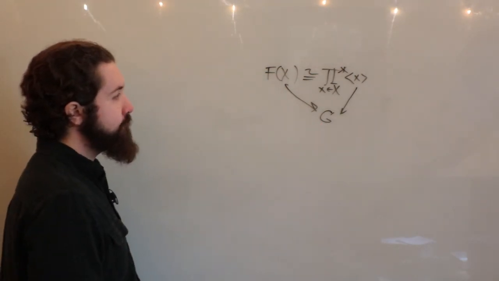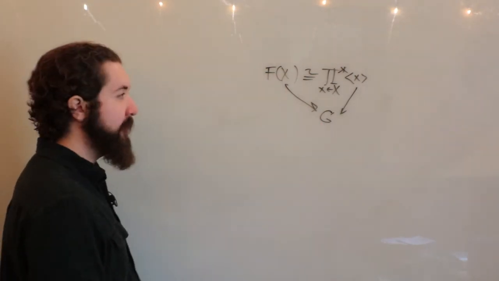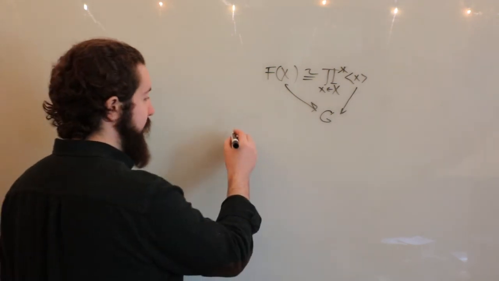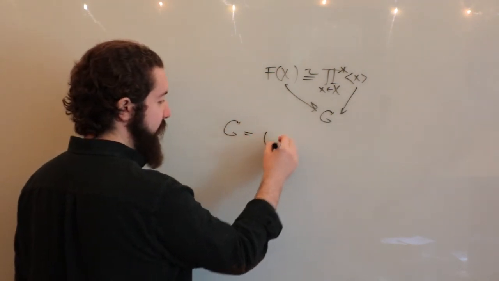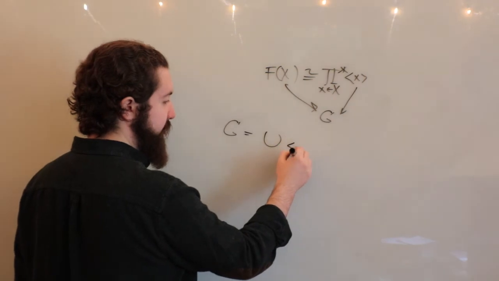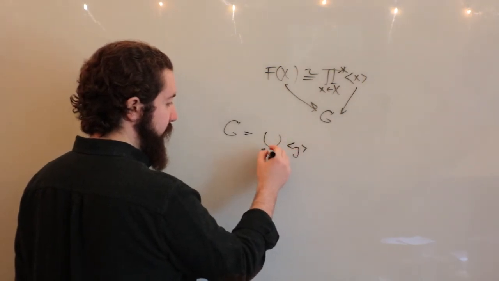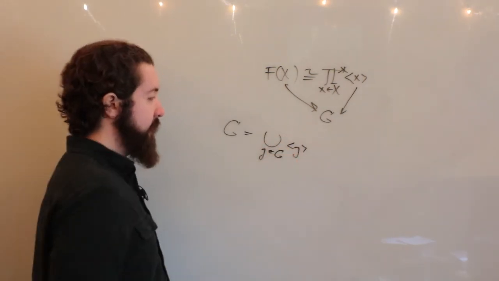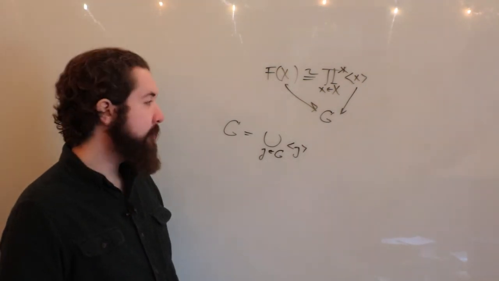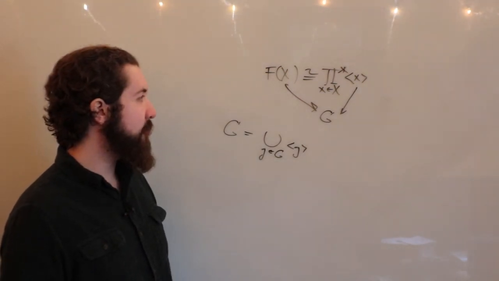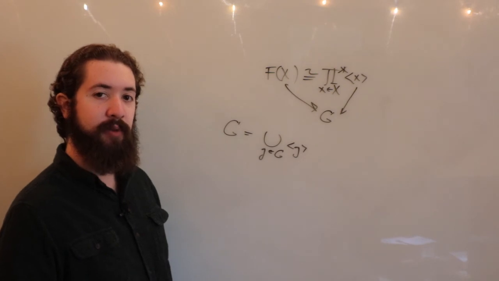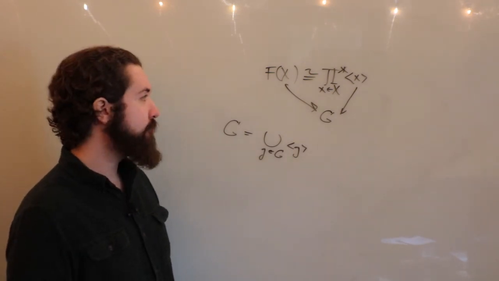And we also saw earlier, when we actually talked about cyclic groups, that every group is a union of cyclic subgroups of its elements, right? So we've seen two different ways in which groups can be characterized by their cyclic subgroups.